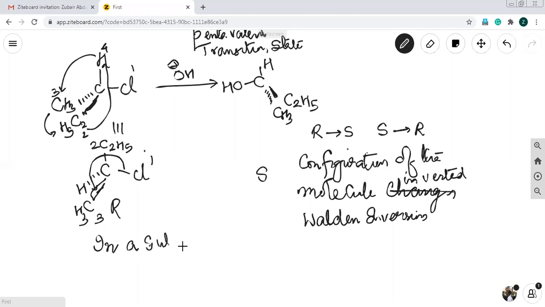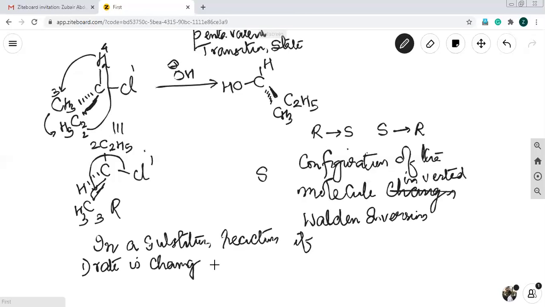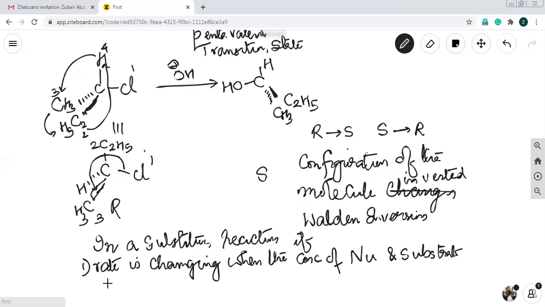In a substitution reaction, under different conditions: number one, if the rate changes when the concentration of nucleophile and substrate are changed.